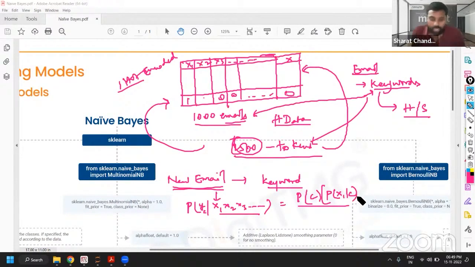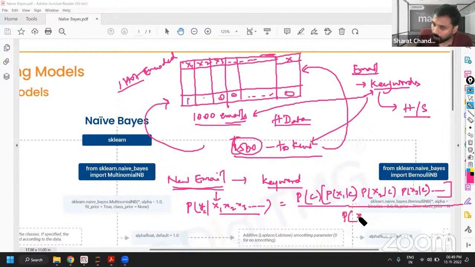If I already have spam and this word is present in those spam, that means it has more weightage. The word has more weightage to declare an email as spam. So this is with respect to the first keyword. Similarly, I'll have the second keyword, similarly the third keyword, and so on and so forth. This is the formula that we have with respect to your probabilities.